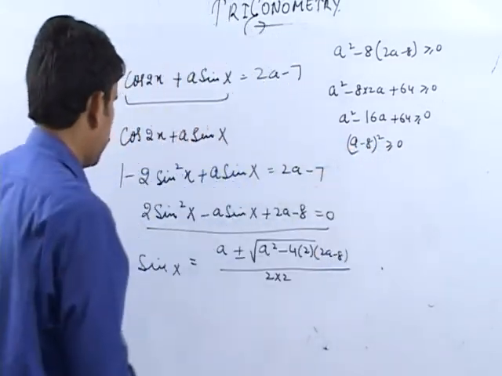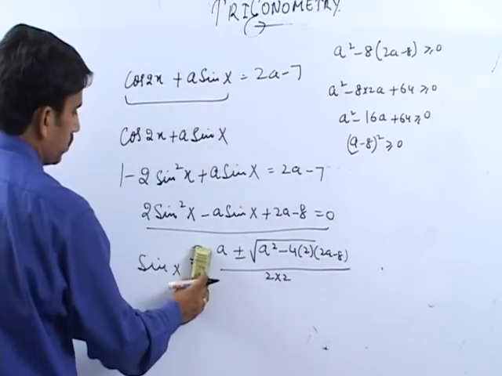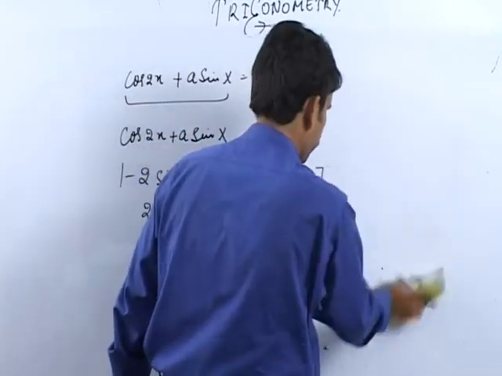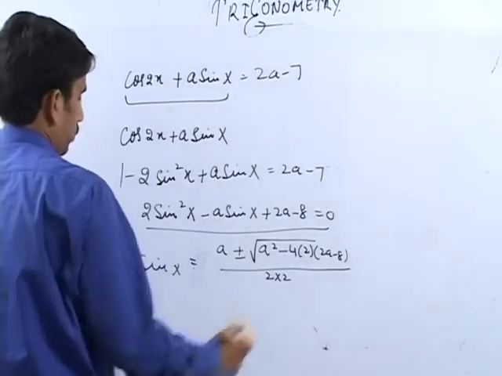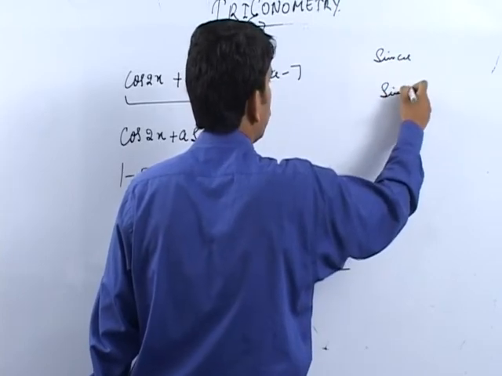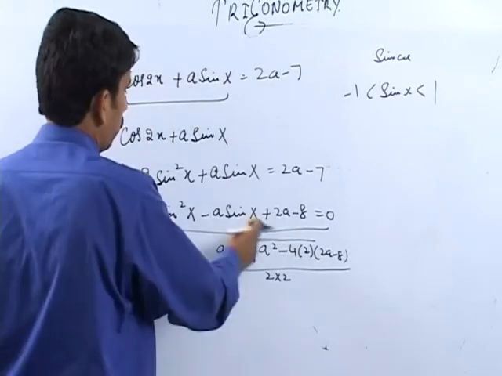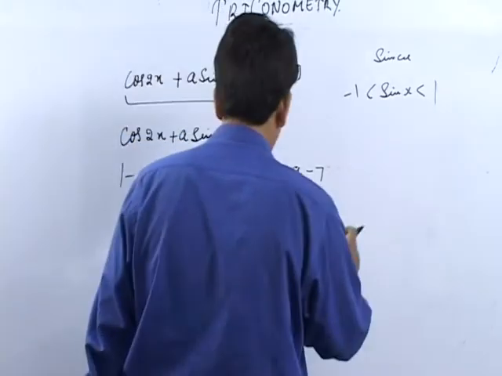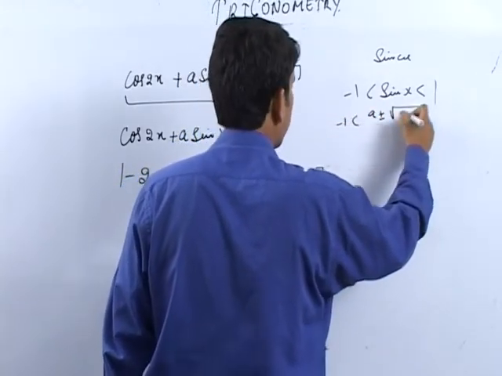Or you can write that since sin x lies between minus 1 and 1, therefore the whole of this term must lie within minus 1 and 1.